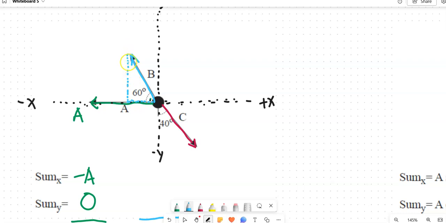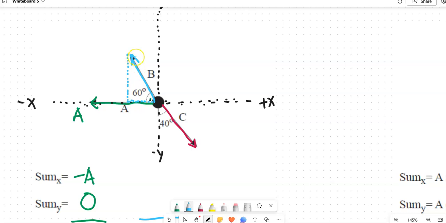Now, from what you've learned from 1.3.1 lecture, which is the addition of vectors in 2 dimensions, that B vector, which is a hypotenuse, is also the resultant vector of 2 vectors that you've added together. And the question is how do you decide the directions of these 2 vectors? Well, you kind of decide them by describing that hypotenuse vector.